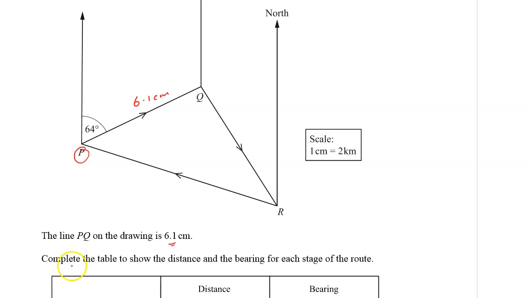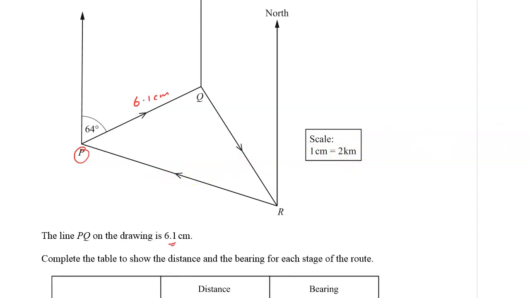Right? Of course, if this is north and this is north, of course this is also north here. Complete the table to show the distance and the bearing for each stage on the route. Of course, our scale is 1 centimeter to 2 kilometers.